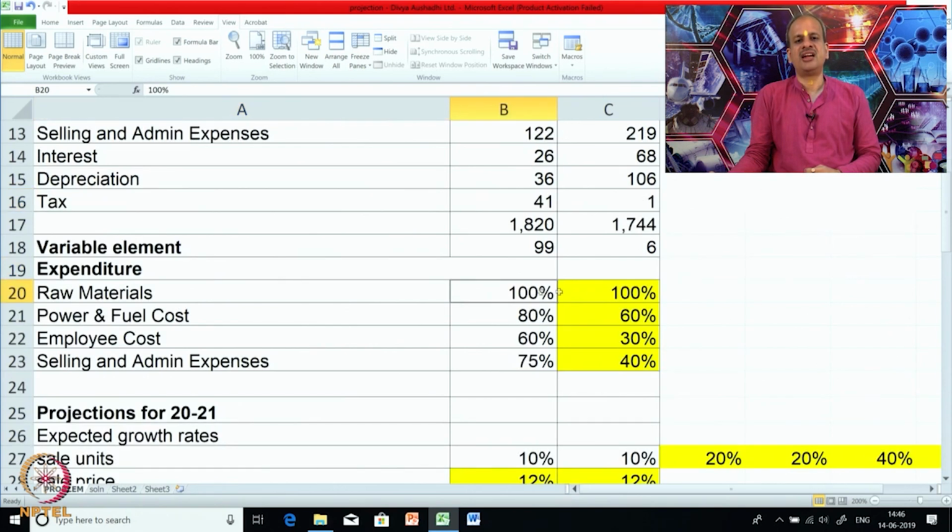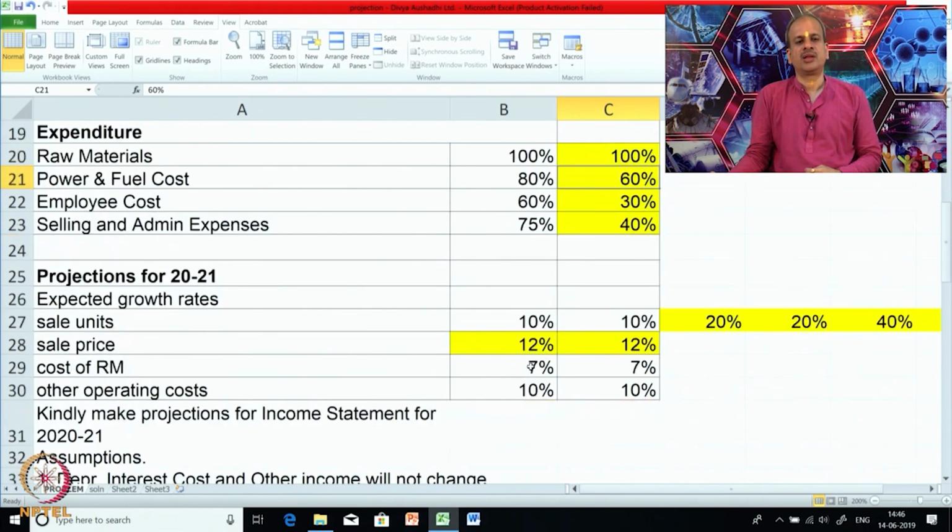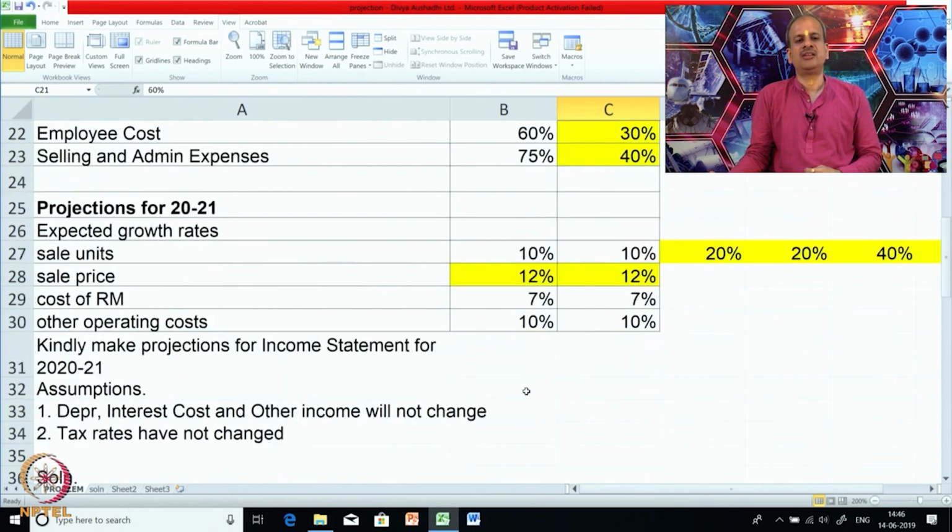Raw material is 100% variable in both cases, power is 80% variable for P and 60% variable for Q, and so on. Now the projections are also given for the coming period. Sales units are likely to increase by 10%, sale price by 12%, RM cost by 7% and other operating cost by 10%.